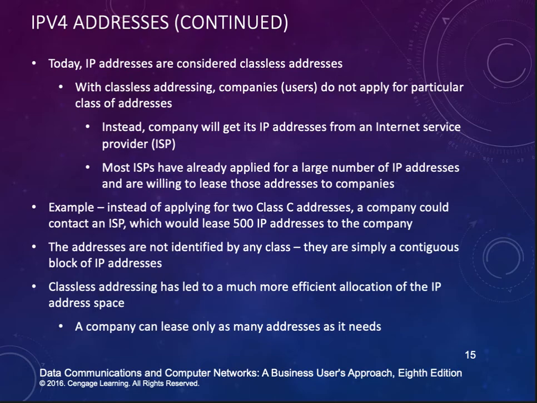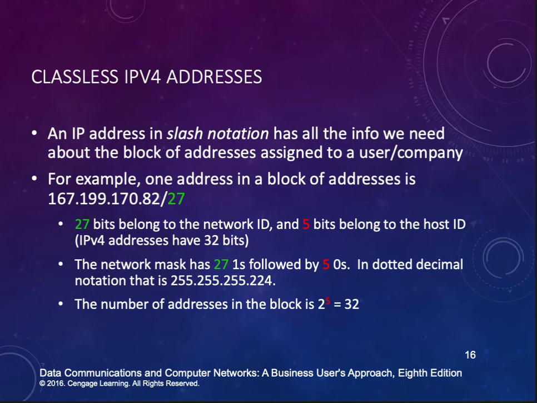Here we have an example of 2 class C. A company could contact an ISP, which would lease 500 IP addresses to the company. Companies like GoDaddy and HostGator are some example companies where you can get these. Some IP addresses are indicated with slash notation, in this case, slash 27.